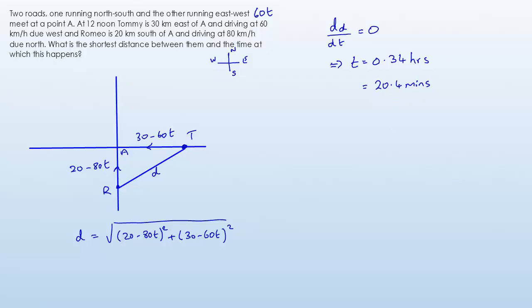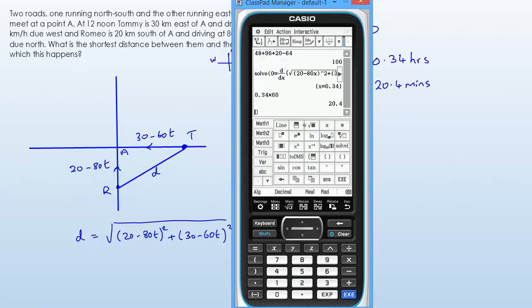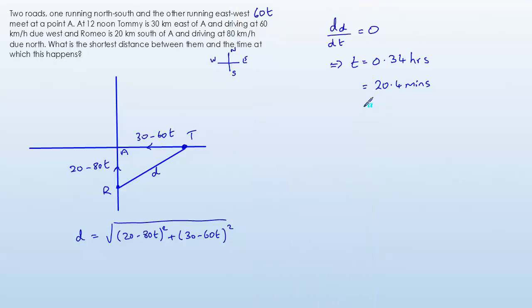And let's do the 0.4 into seconds. So 0.4 times 60 is going to be 24, isn't it? So that's 20 minutes and 24 seconds.